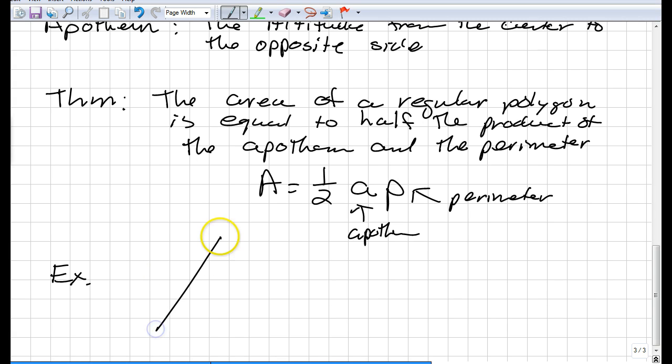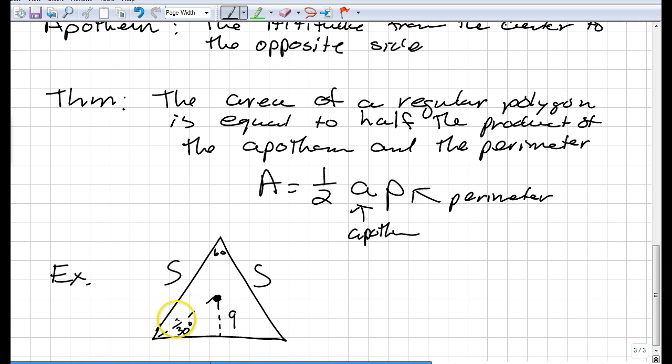So let's say I have an equilateral triangle with side S. And here's the center. The apothem has a length of 9. And this angle has a measure of 30, because remember, all these angles are 60.